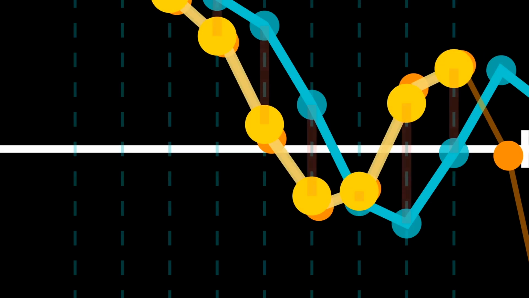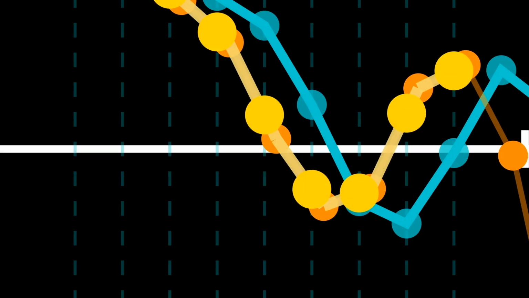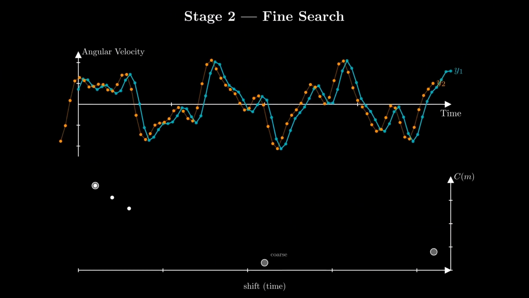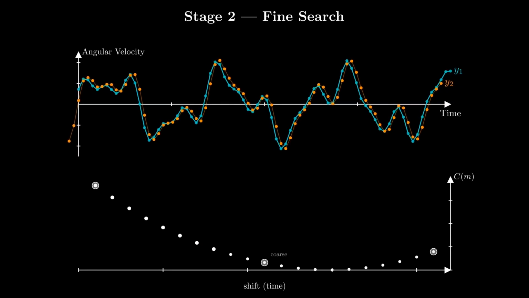We then compute the sum of squared differences as before. Again, we identify the shift that minimizes the cost.